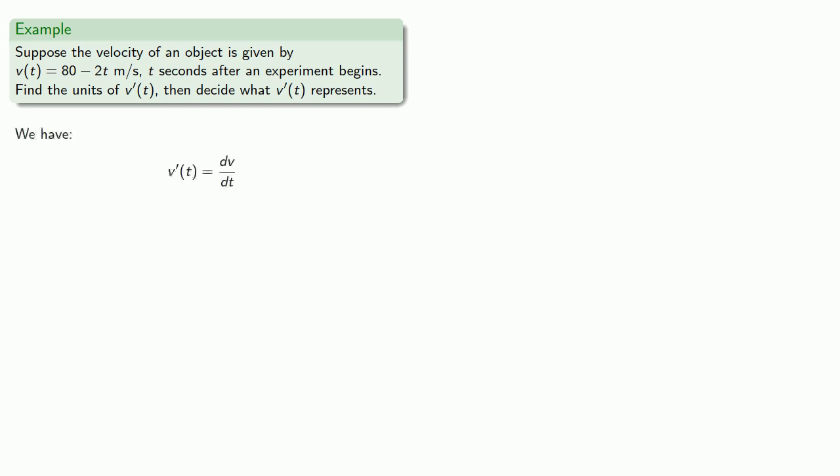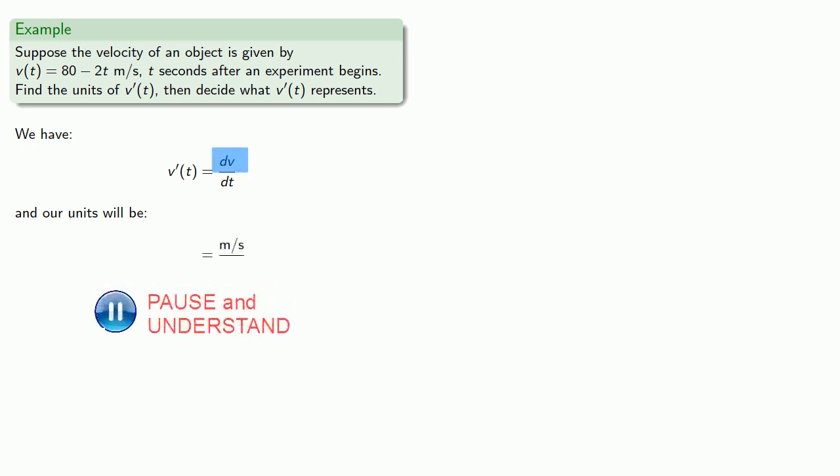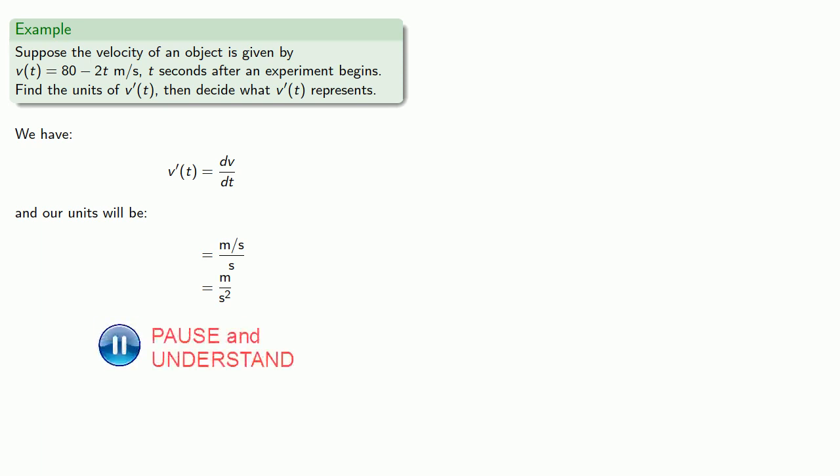V prime of t is dv dt, and dv is a change in velocity, so its units will be the same as velocity, meters per second. dt is a change in time, so its units will be seconds. And if we clean up the algebra, the units of our derivative will be meters per second squared. So v prime of t is an acceleration.